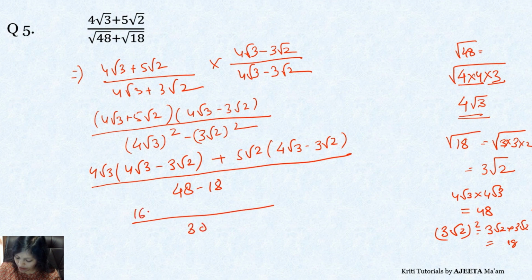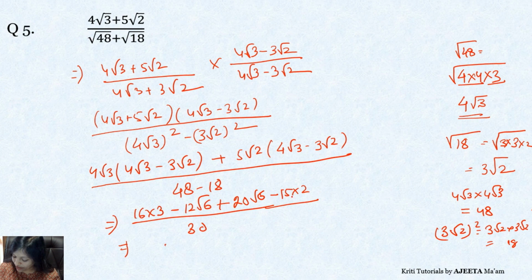And let's multiply the terms in the numerator. Okay, so 4 fours are 16, 16 into 3, minus 12 root 6 plus 20 root 6 minus 5 3s are 15 and 15 into 2. Now let's solve it. So first, 48 minus 30, 18.